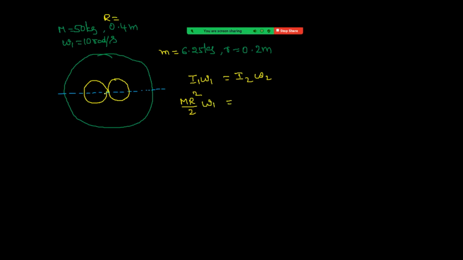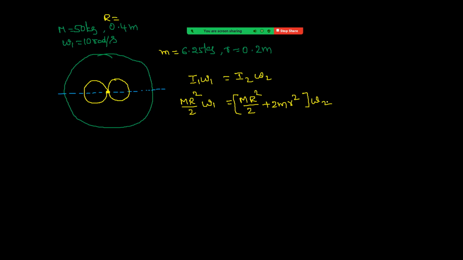That is equal to, now about the same axis for these two, see what is the moment of inertia. So this is now a tangent normal to the plane of the rings, right? So for a ring, about a tangent normal to the plane of the ring, it is 2mr square. That means now the value becomes mR square by 2 plus 2mr square, okay, into omega 2.